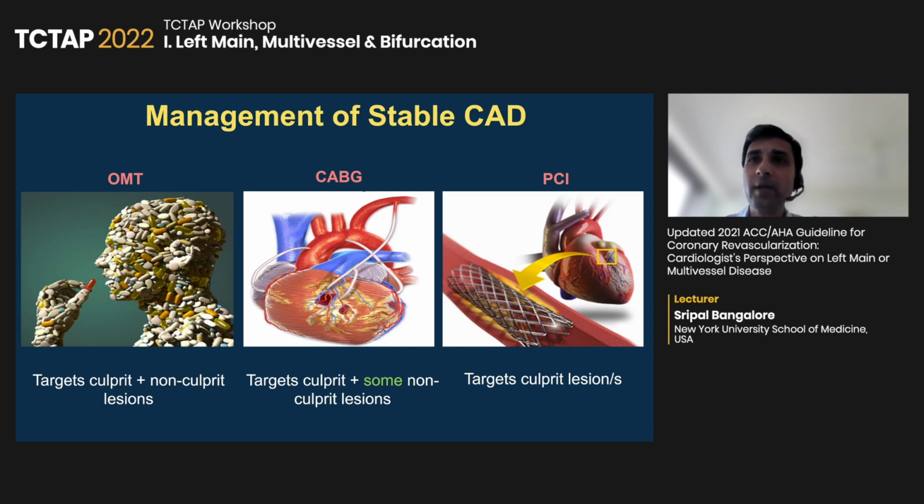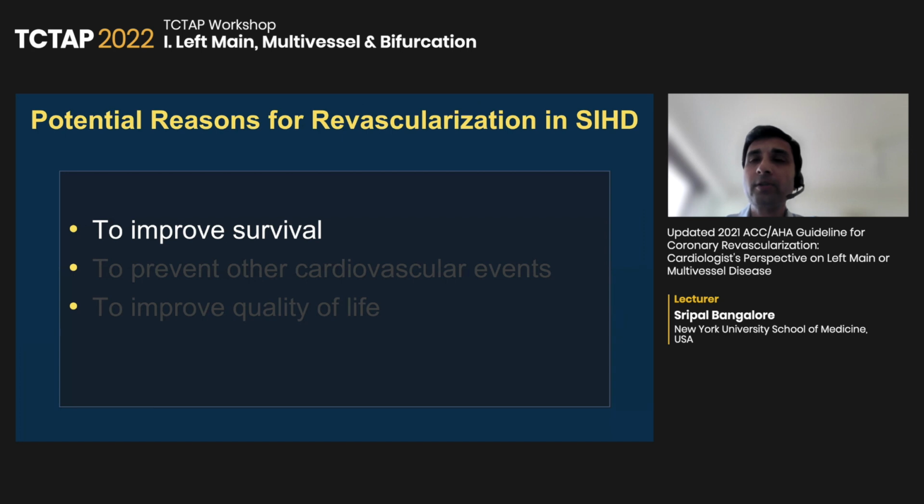So using this framework, let's look at potential reasons for revascularization in stable coronary artery disease. If we go back to the 2012 ACC/AHA revascularization guidelines, they focused on a recommendation for revascularization to improve survival, and also recommendations to make patients feel better, with better quality of life, angina-free.